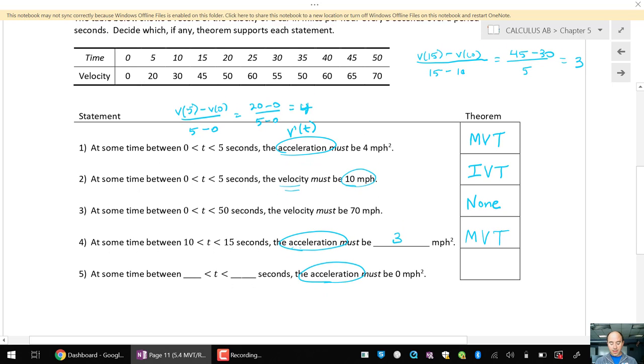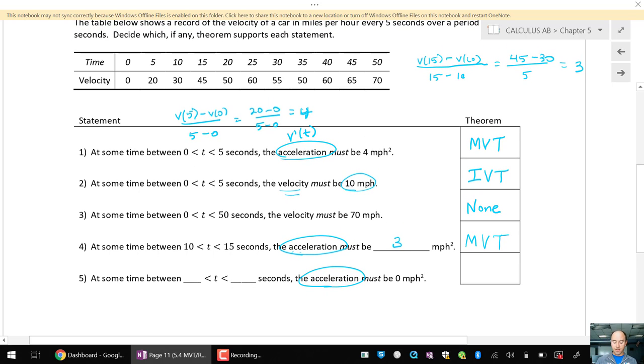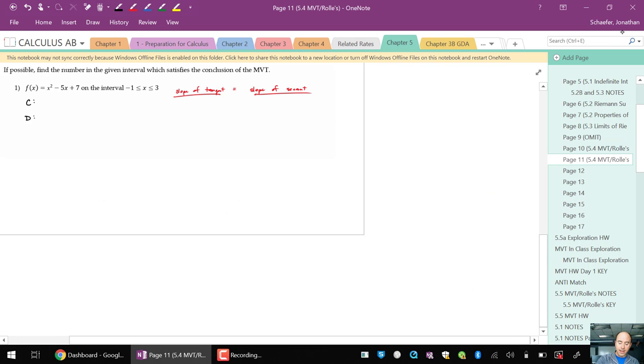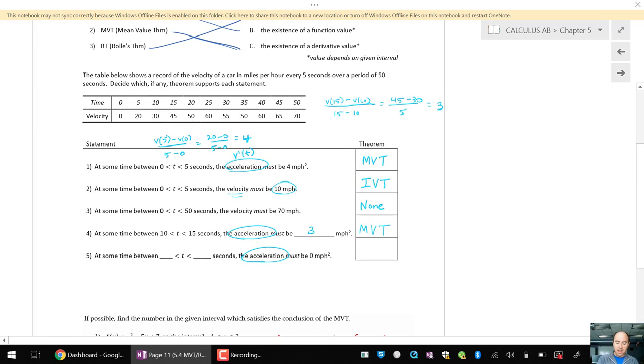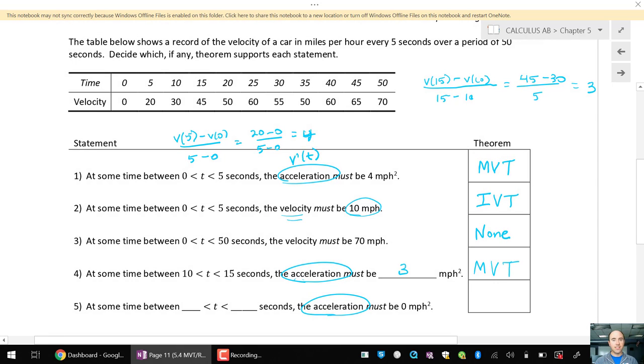And then finally this, at some time, and the times aren't given here for the interval, the acceleration must be 0. Well, what I want to do is figure out what kind of function outputs would generate a 0 in the numerator of my difference quotient. So basically, where would f of b and f of a be the same? Or in this case, where are my velocities going to be the same? And I think there's a couple different places.